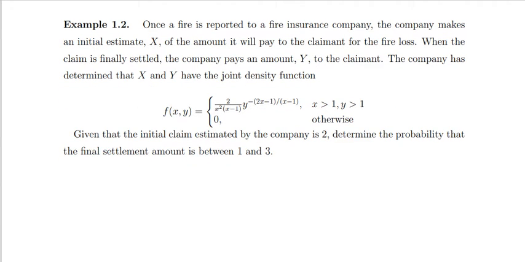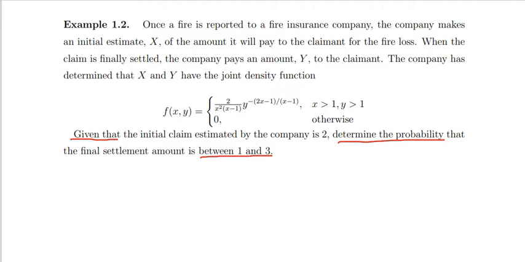For this next problem, given that, this is conditional. Under this condition, we want to find the probability that this thing is between 1 and 3. So this is a conditional probability.